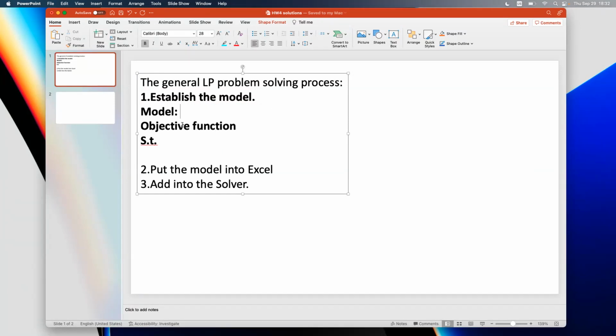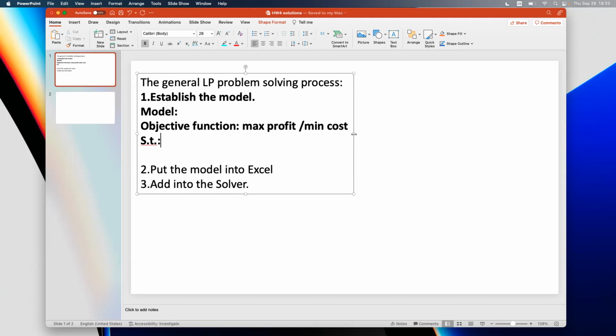So basically, in the objective function, remember, it is the simplest: we want to maximize the profit or minimize the cost. So there are two types of objective functions.